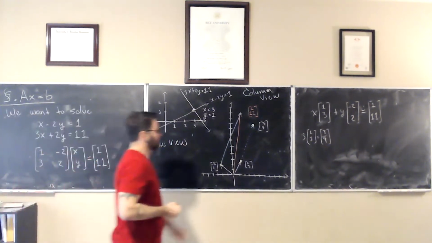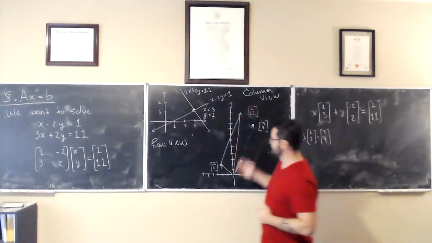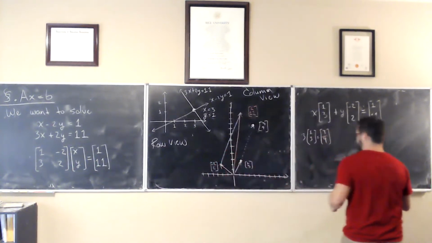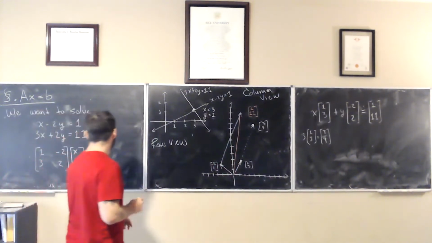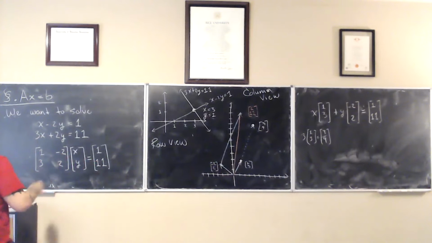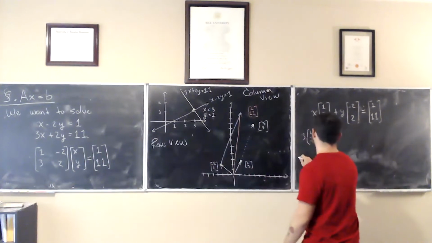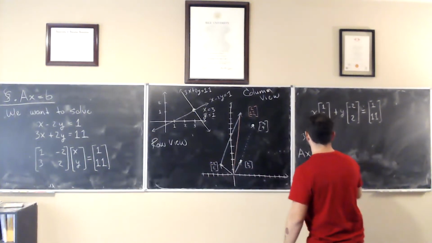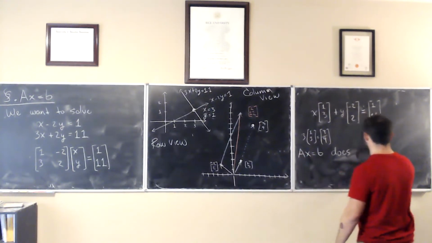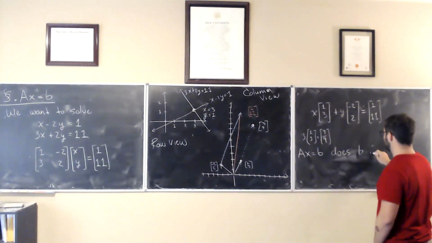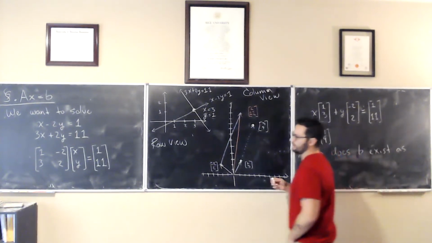Okay, so I'll go ahead and introduce the terminology for this viewpoint here. What this problem is asking in terms of columns is, coming back to this question here, does B exist as a linear combination of the columns of A?